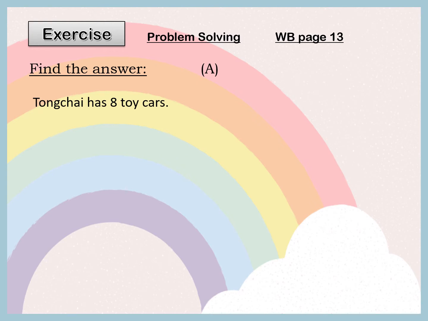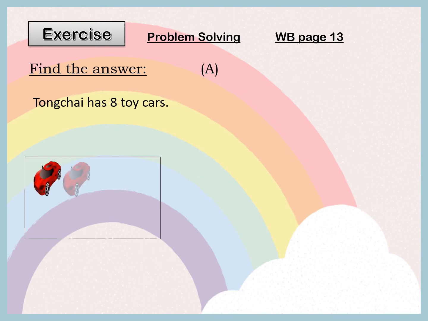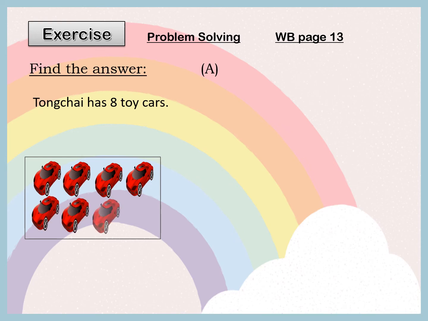I'm going to ask you a question. How many toy cars does Tong Chai have? He has 8 toy cars. Now we are going to count 8. Okay, these are Tong Chai's cars. 1, 2, 3, 4, 5, 6, 7, 8.